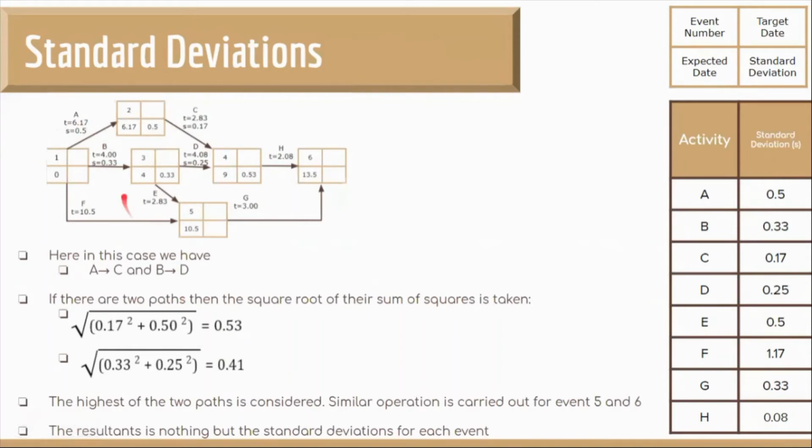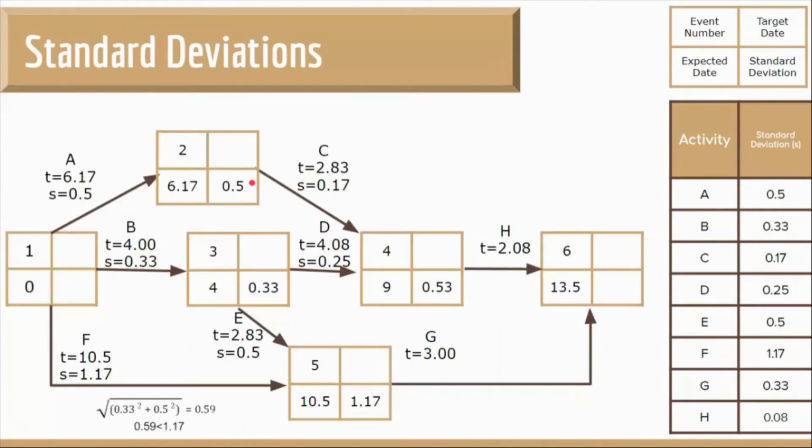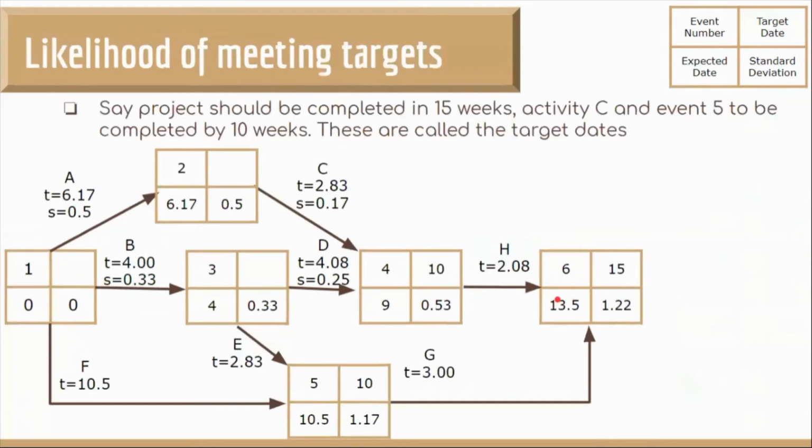Then the next path, B to D, is the square root of 0.33 squared plus 0.25 squared, which are the standard deviations of B and D respectively, and that gives us 0.41. The highest among these is 0.53, and therefore event number 4 will have 0.53. Similar steps are done for event number 5 and event number 6.